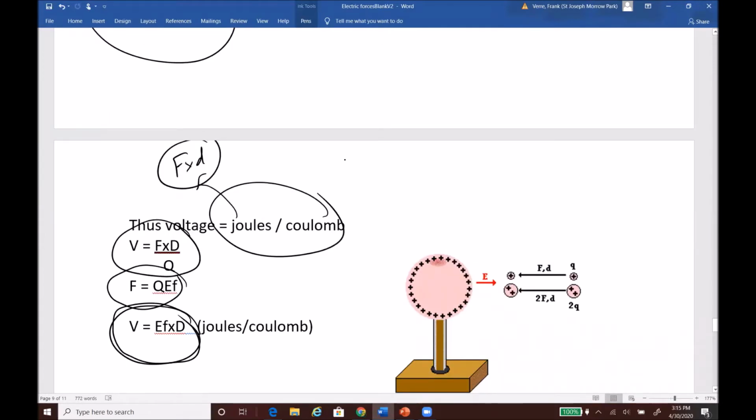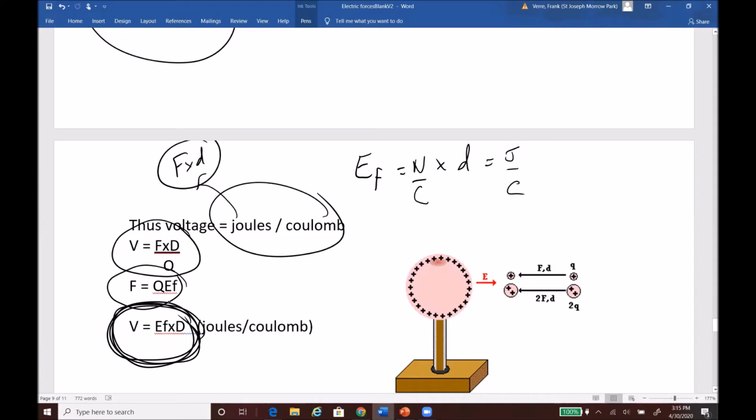If you remember, the unit for the electric field is newtons per coulomb. Now, if we multiply that by the distance, well, that's force. Force times distance is joules. So this will give us joules per coulomb. So we can see that this equation is another way to derive voltage.